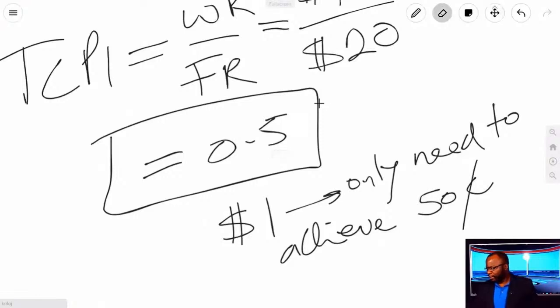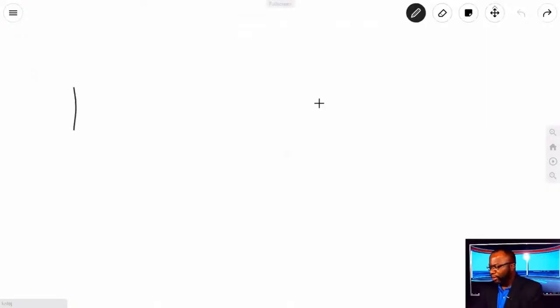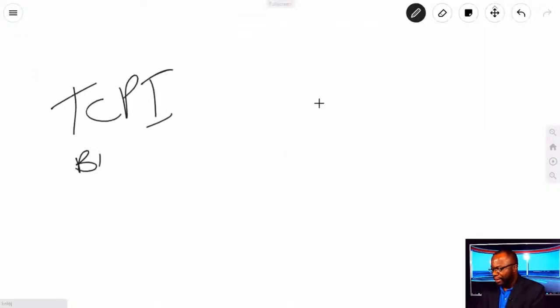Okay, let me clean out all of this and let us go to a different topic where we can actually look at the TCPIs in more detail. So we've got a TCPI based on a BAC, the original budget. In other words, management says, Phil, we're taking a look at your project.